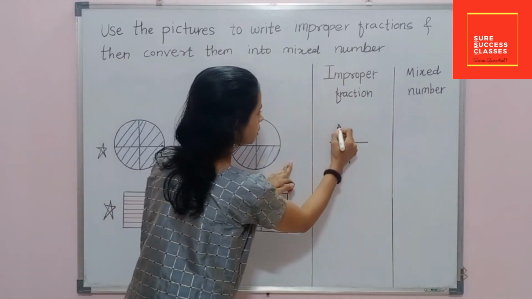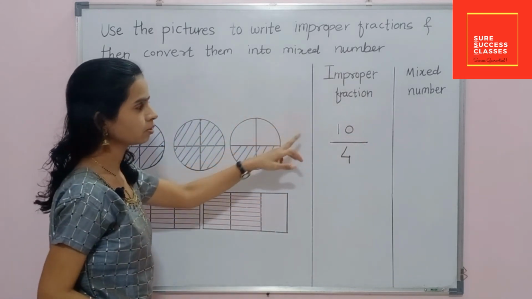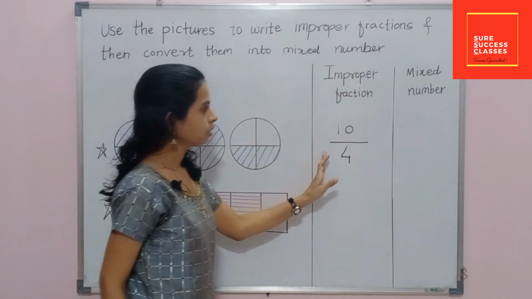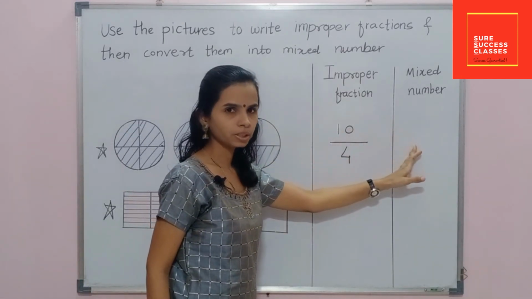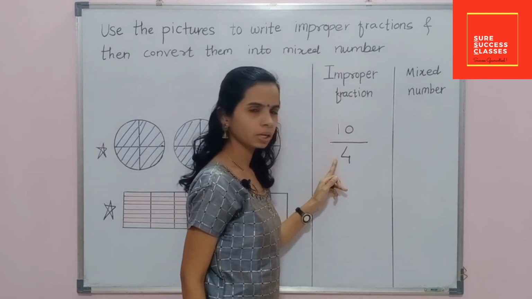So numerator will be 10. So improper fraction for this picture is 10 by 4, and when we convert it into mixed number, at that time we will divide this 10 by 4.